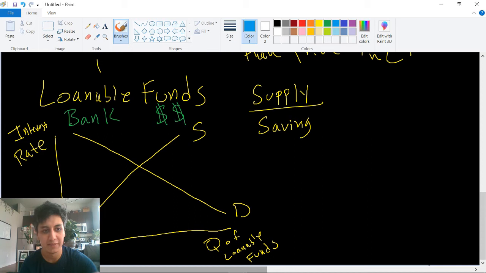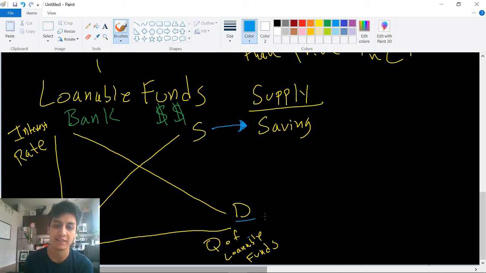If the interest rate is below zero, what's the difference between just holding your money and putting your money in the bank? You're not going to want to save, or the incentive is not there. So the supply is really savings as well. These two are very closely linked, maybe interchangeable.